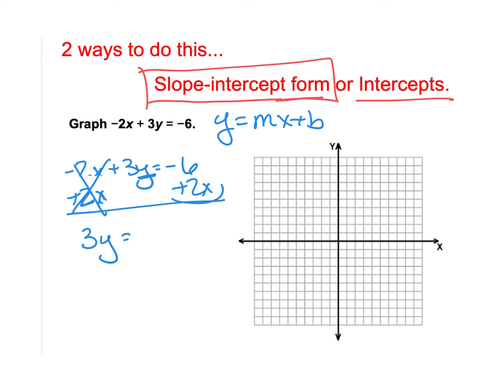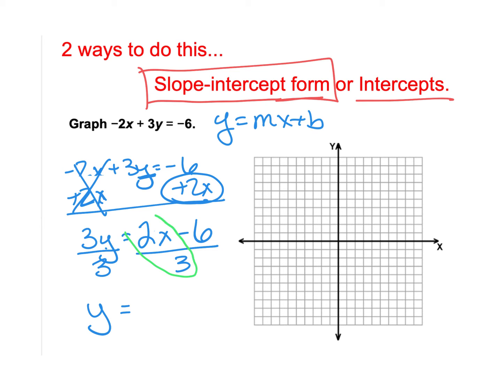And again, I'm going to put this first, and I don't need the plus sign, just because of mx plus b. But then I need to get y by itself, so they're multiplying by 3, so I'm going to divide by 3. So now I've got my y equals. So let's go through and finish it.